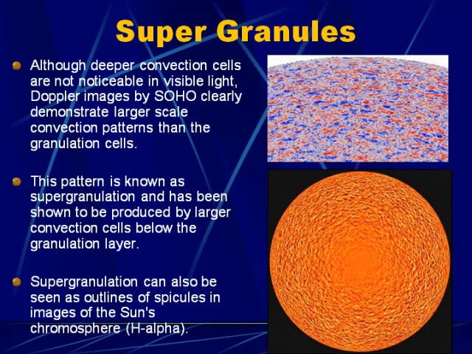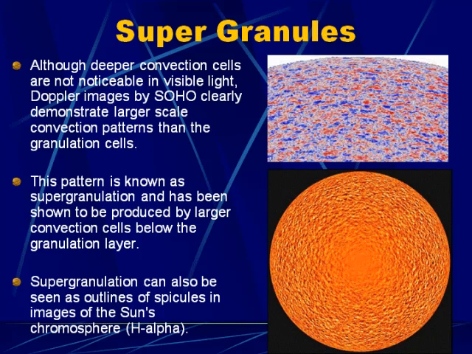Now, you can't really see this, but we've been able to image this on an even larger scale. The granules that you saw before are really very superficial. They're surface convection that doesn't penetrate very deep into the star itself. However, there are deeper convection cells which aren't visible to the eye, but are visible to special techniques that actually map the movement of the surface.